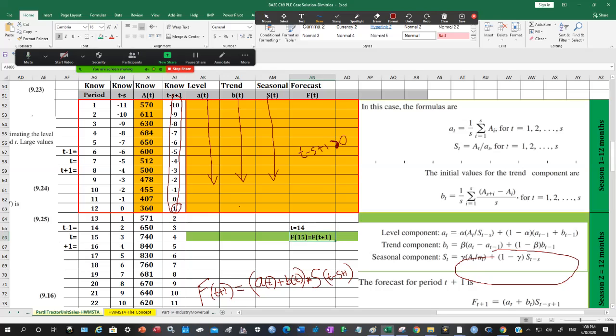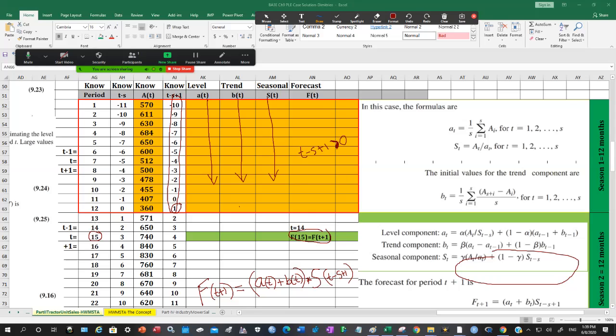So if I want to find this forecast value in this cell, using this formula f of t plus 1, the period here is 15. I want to find f of t plus 1, I want to find f of 15, so t then is 14. Because of the notation that I'm using, this formula could be written in another way.